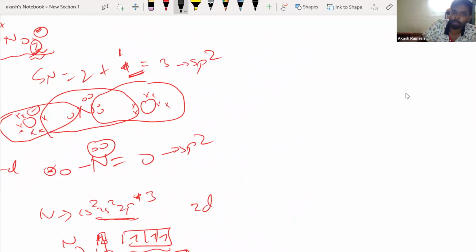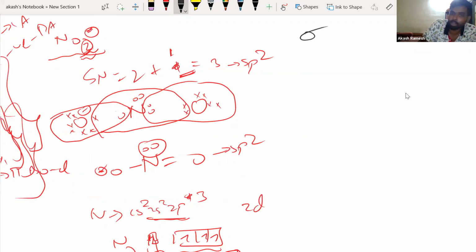Remember, we saw about sigma bonds, right? How do we form them? Basically, the hybridized orbital overlaps with the atomic orbitals. For pi bonds, we know where you should place the electron. Obviously, it is going to be between the atomic orbital and the atomic orbital.